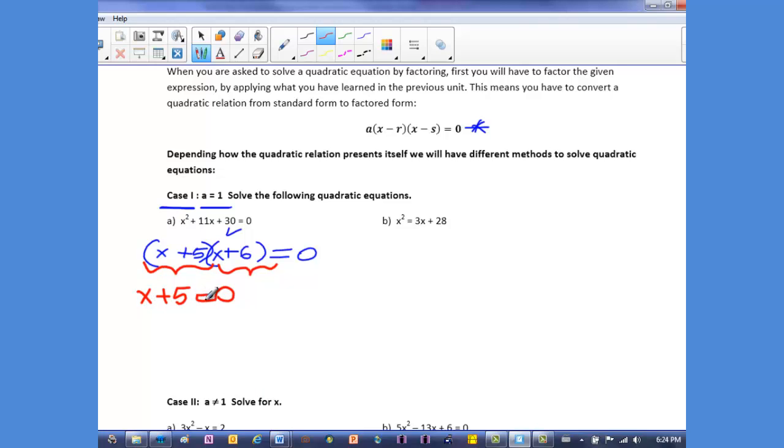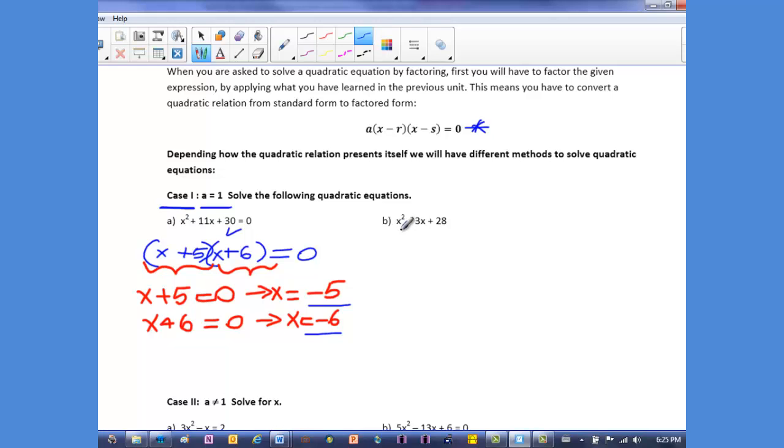When does x plus 5 equal 0? When x equals negative 5. Now let's look at the second one. When does x plus 6 equal 0? Well, when x equals negative 6. So the two possible roots or solutions of this quadratic equation are negative 5 and negative 6.